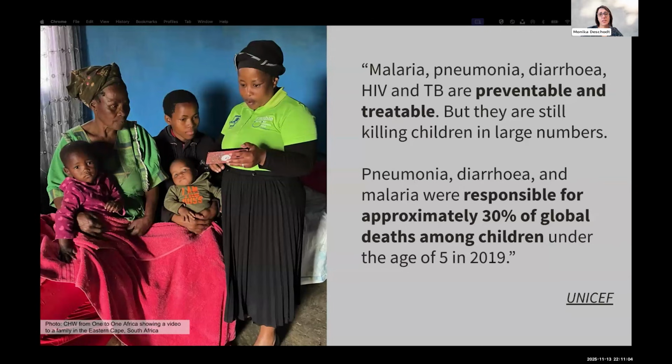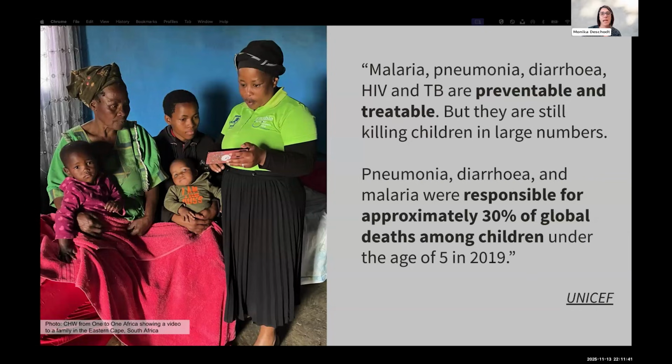And, you know, this wasn't just a locally identified need. It is also a global priority. According to UNICEF in 2019, nearly a third of all deaths in children under 5 were caused by illnesses that are largely preventable and treatable. So as Muma mentioned, trained and skilled community health workers play a key role in identifying these signs and symptoms of childhood illnesses early and then helping caregivers get the right treatment for children.